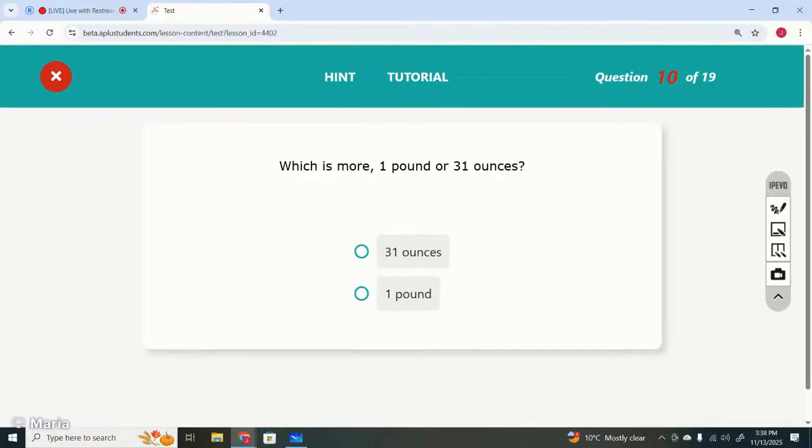Which is more, 1 pound or 31 ounces? 31 ounces.